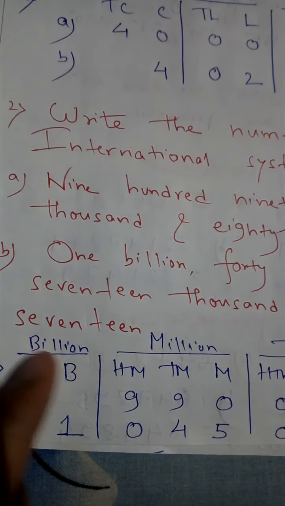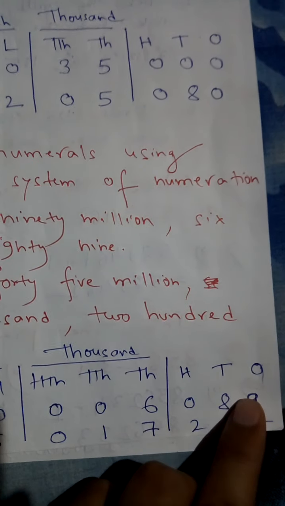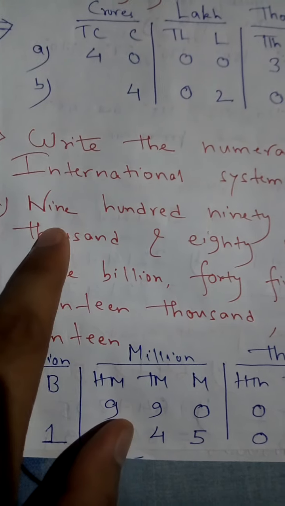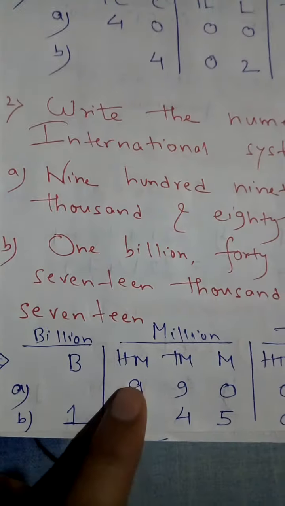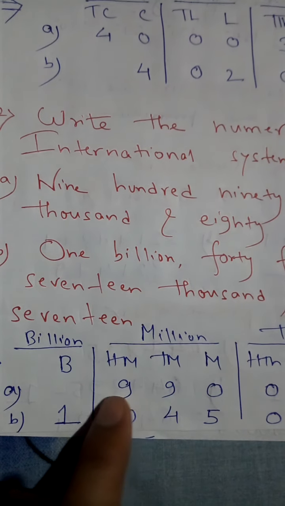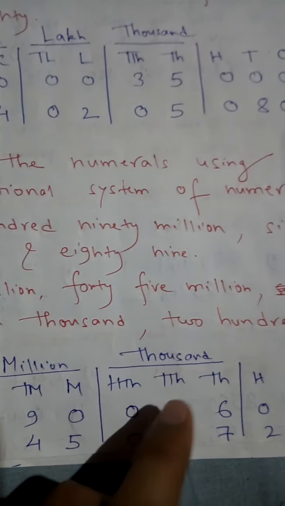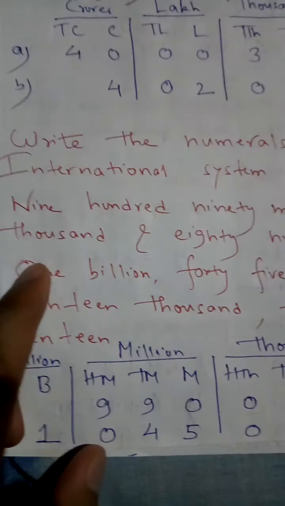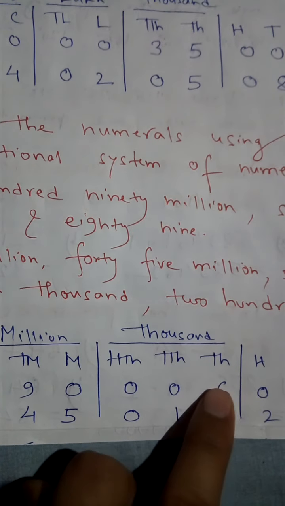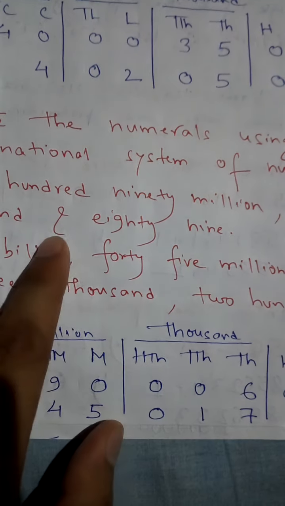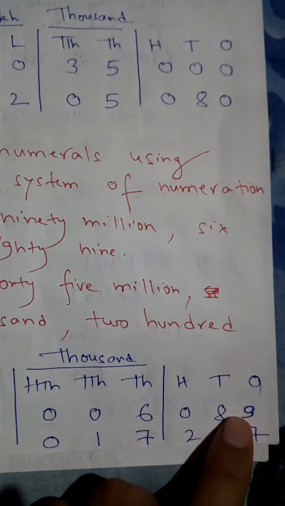This is the billion group, this is the million group, this is the 1,000 group. First is 990 million. Then there is 6,000, so 006, this is 6,000. And 89, only 89, so 089.